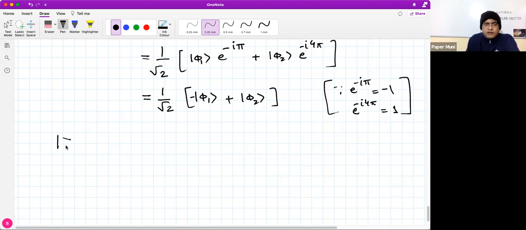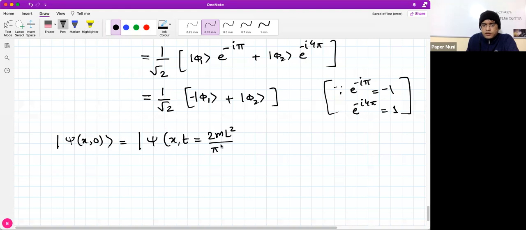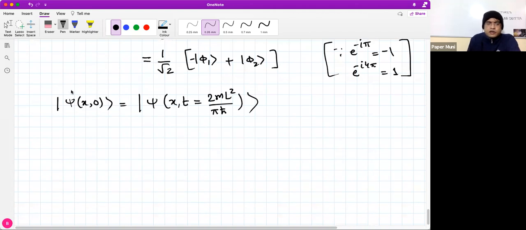Now we have to compare expressions of initial time and this time. So at the initial time we had this wave function. The question says both should be equal. This time and this time, t equal to 0, and this is t equal to 0. All right, so let's write it again.